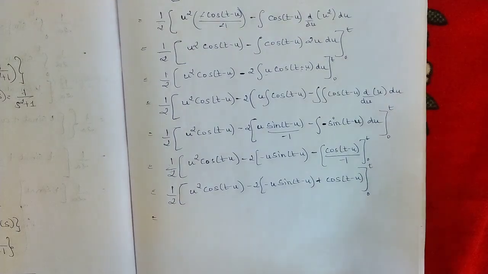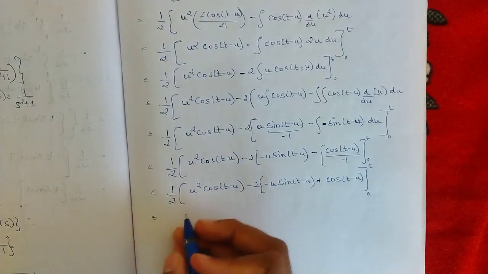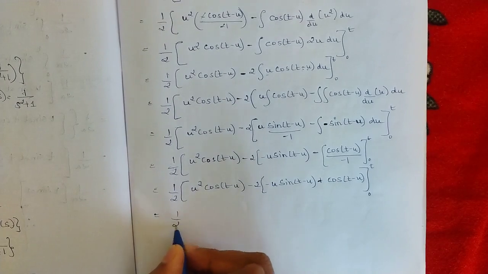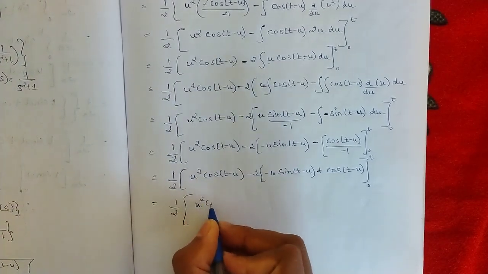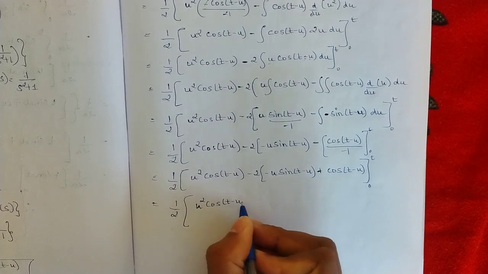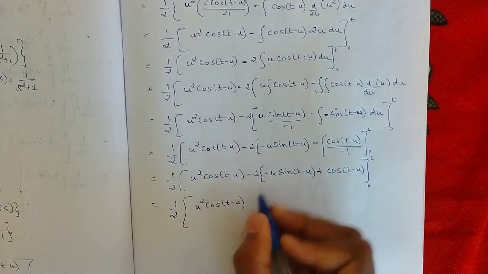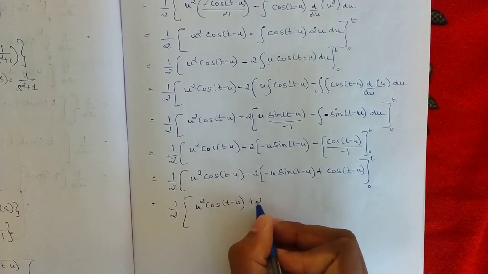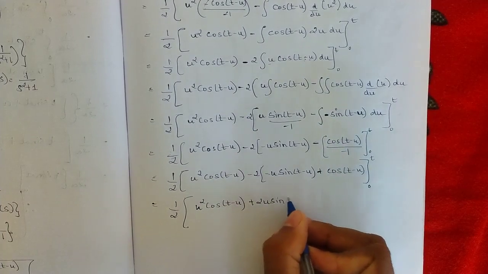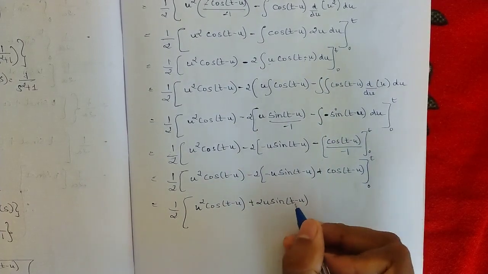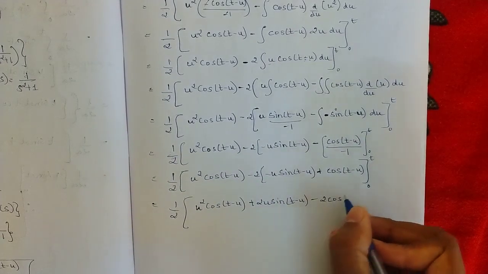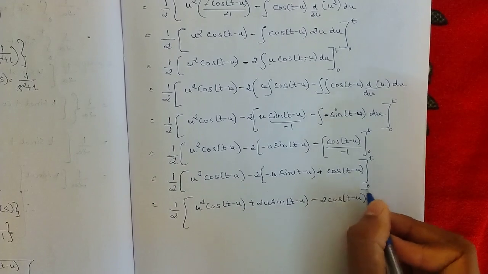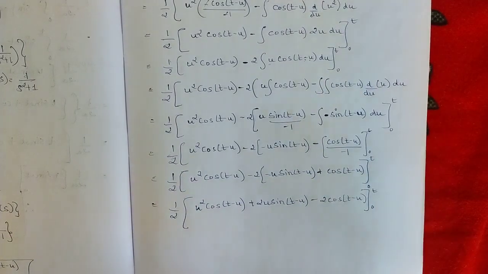Okay, 1 by 2 u square cos t minus u minus into minus plus 2u sin t minus u minus plus minus 2 cos t minus u. Limits are from 0 to t.